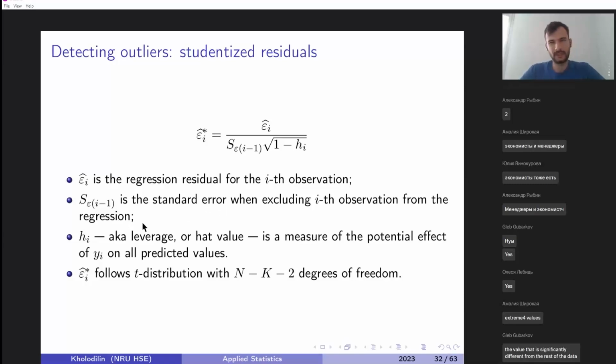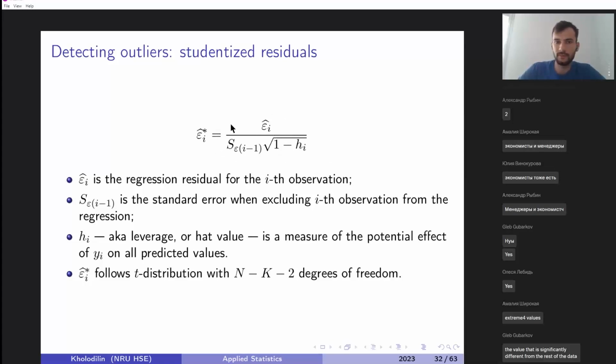So if you correctly pick the i as an outlier, then S will be small for all other observations, and then your statistic will be larger.